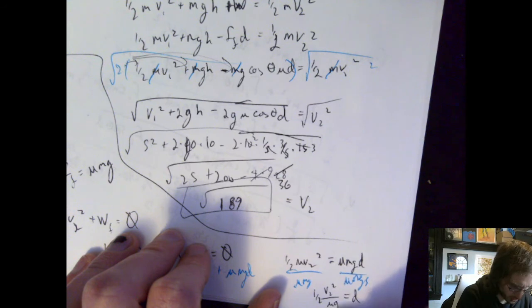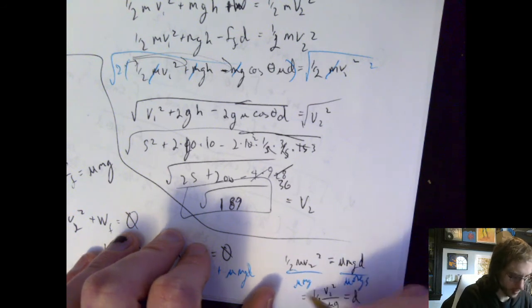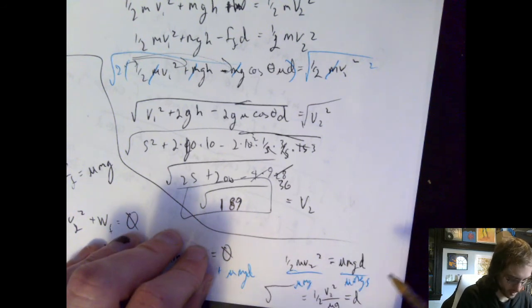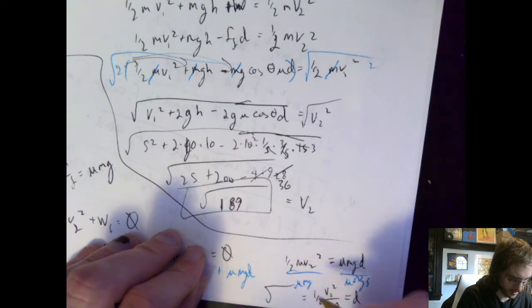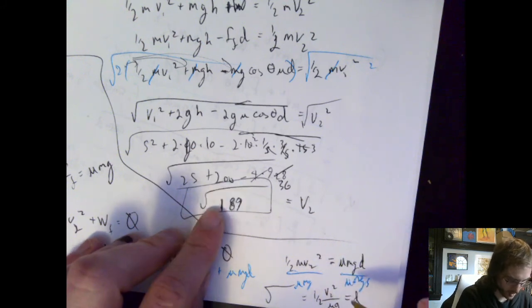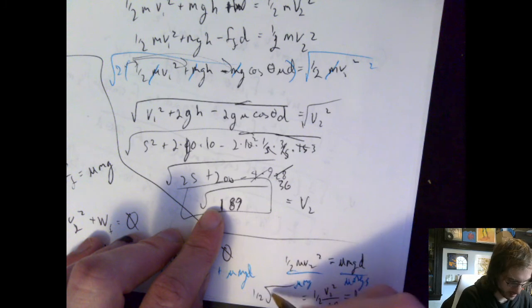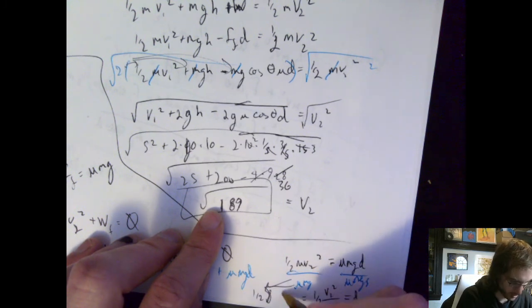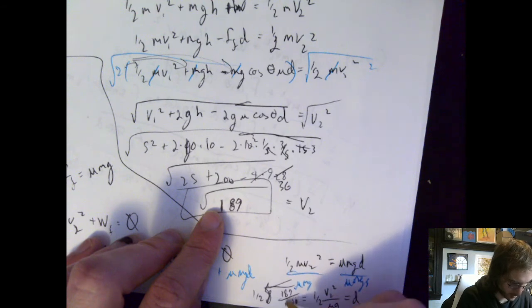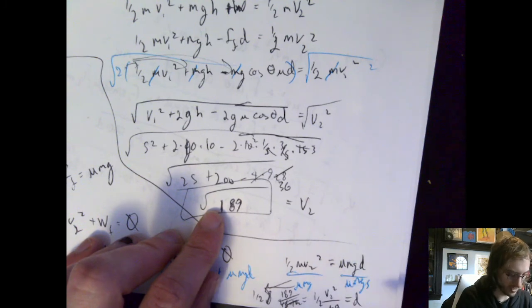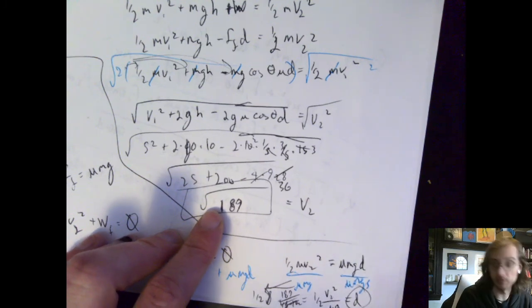I dropped my g somewhere along the way. So, oh no, it's not root because it's going to be squared. So 1/2 times 189 divided by 5 times 1/5 times 10. So 189 over 4, whatever that is, that's your distance.